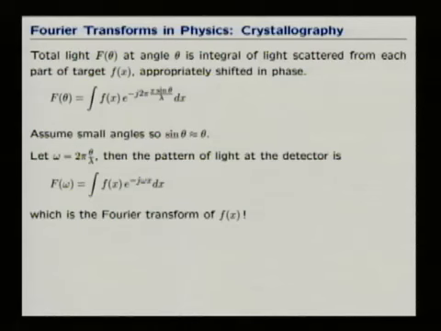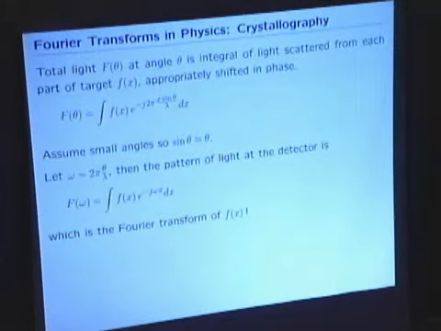Now, the tricky part is that all of the light that hits a particular point in the far field, a point in the far field is characterized as theta. Where's my laser pointer? So if you go to the far field at a place theta, the total amount of light that hits the point theta is the sum, the integral, of all the different scatterers.